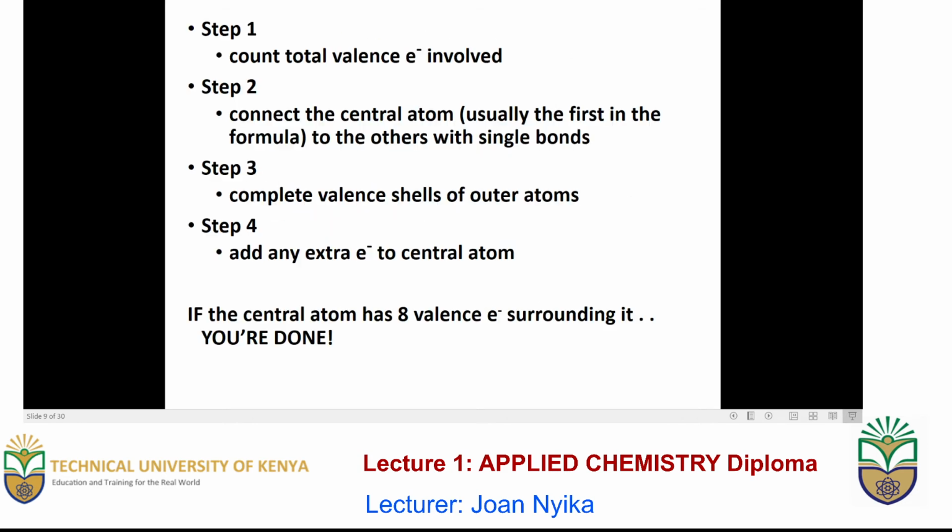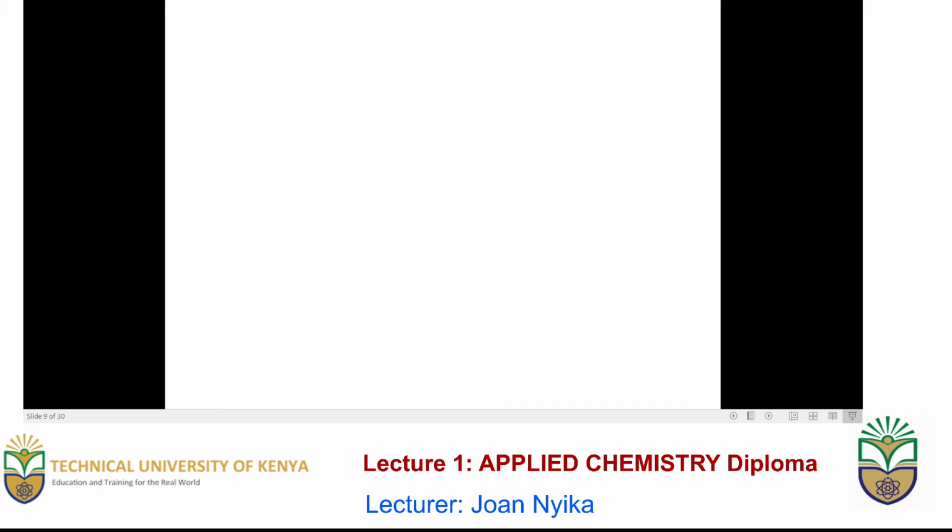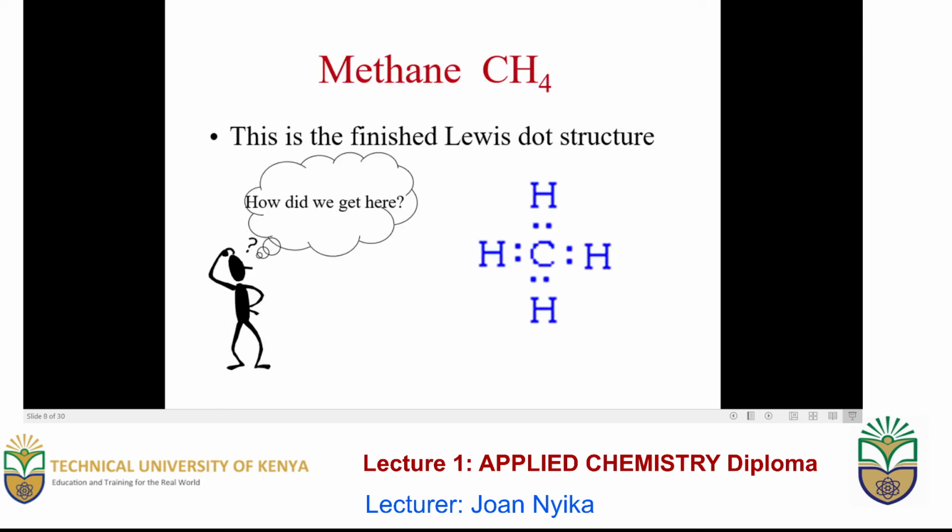And I want to show you with an example of methane. Look at methane. The first thing you do is arrange the carbon at the center. Then you orient the 4 hydrogens around the carbon. Then you feed each one of the hydrogens with one electron.